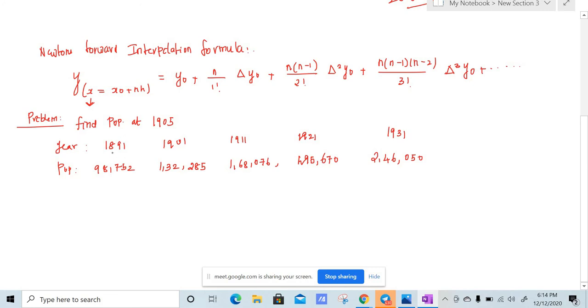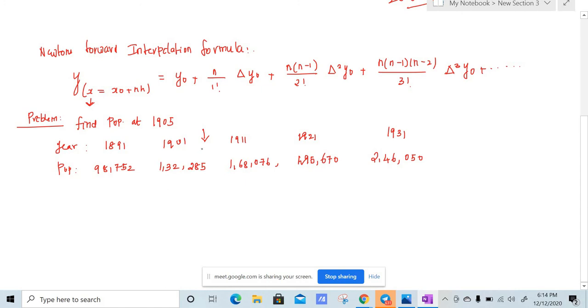They have given the year and population. In 1891 the population is 98,752, and in 1901 it is 1,32,285, and you can see the interval width is 10 years, right? Interval width is 10.